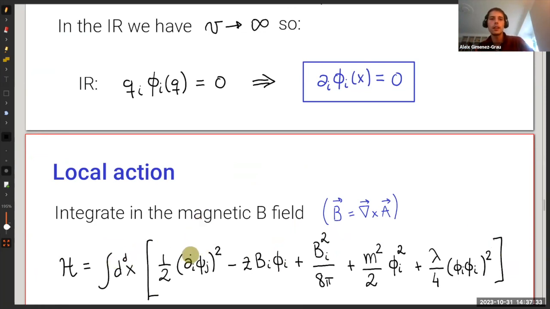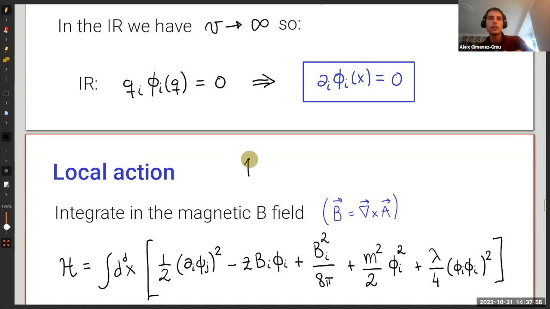In this Hamiltonian, I just have the field phi with its mass and its quartic interaction. And then I introduce some magnetic field B. This magnetic field has some kinetic term, the kinetic term for B, and then the magnetic field is coupled to phi. So what am I really doing here?